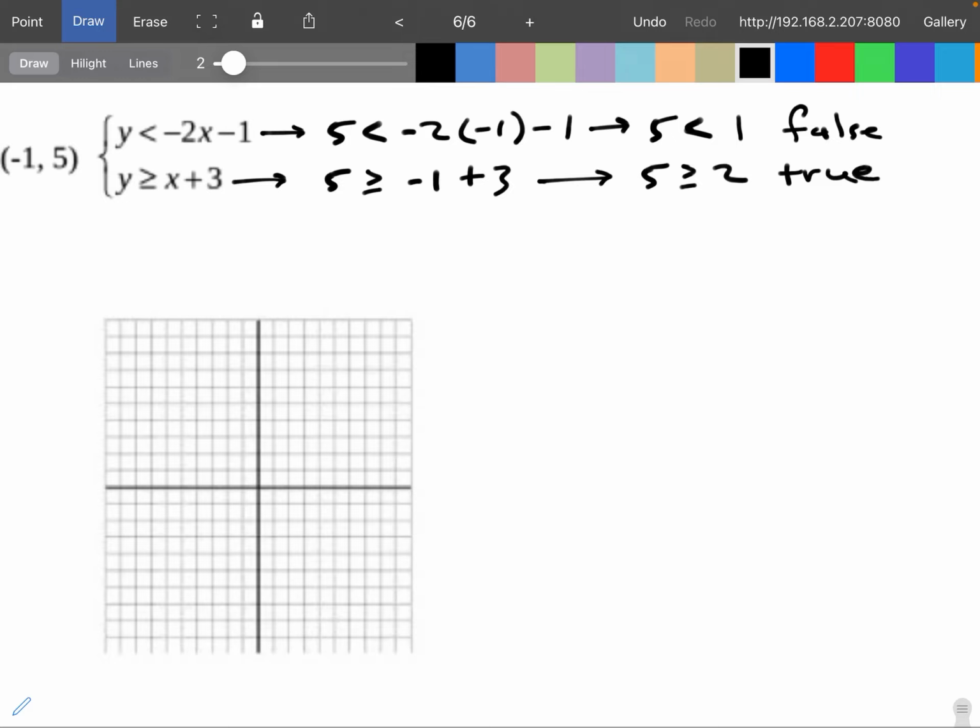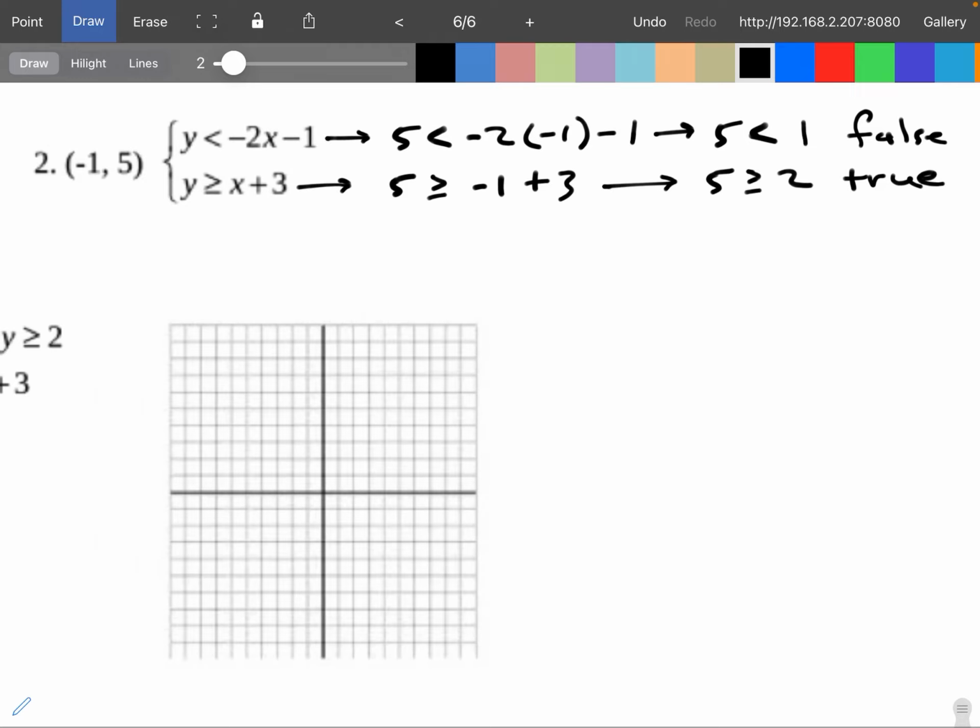So what do we got on this one? It's not true. Which one's no good? Yeah, the top one, right? The top one is false. 5 is not less than 1. So that one's false. The bottom one's true. 5 is greater than 2. But in order to be a solution for the system, it's got to make both of them true at the same time.